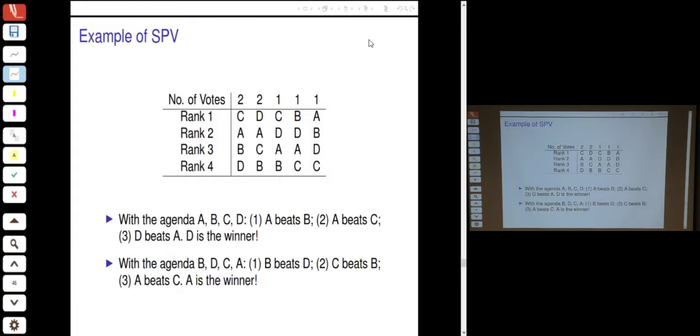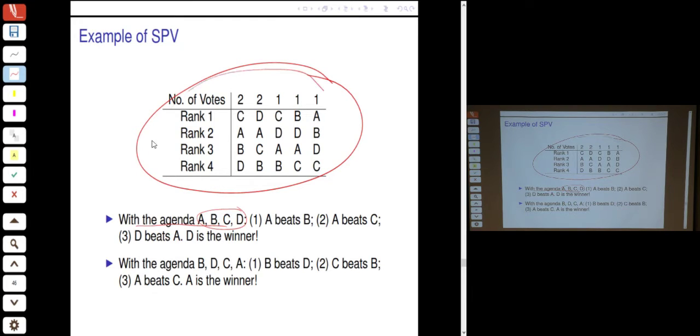So, here is an example of SPV. Here is a voting profile, and suppose you have the agenda A, B, C, D. You list the candidates sequentially as A, B, C, and D. Then you can calculate the pairwise head to head matchups between the candidates from these voting profiles, and you will find that A beats B. So, A is the winner of this.